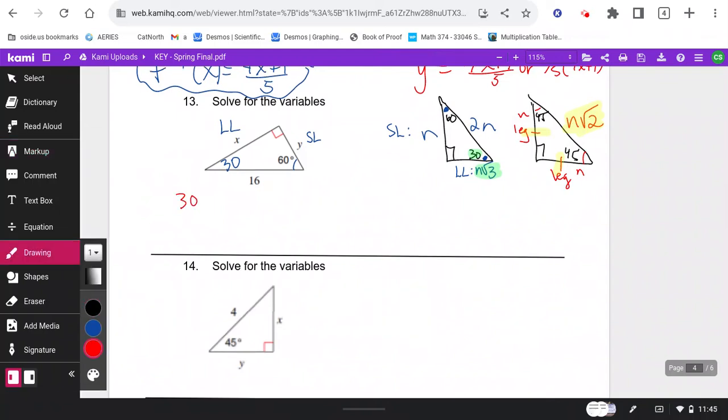We know that this triangle is a 30, 60, 90 triangle based on what's given in the picture. So we have a short leg, the rule is n. We have a long leg, the rule is n root 3, and we have a hypotenuse, and the rule is double the n. In this picture, we gave you the hypotenuse of 16.